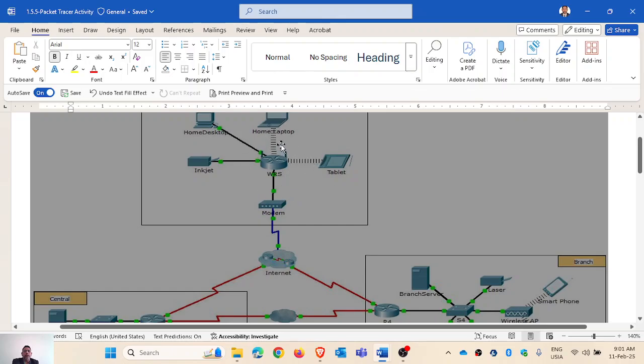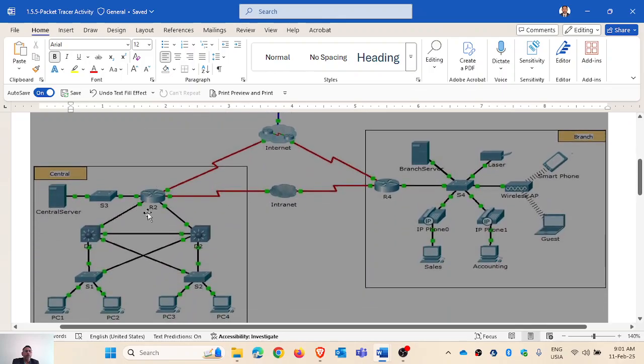The router is one intermediate device, this modem is one intermediate device, and this router and switch, and this is also a switch. In this switch, two parts are included, router and switch.